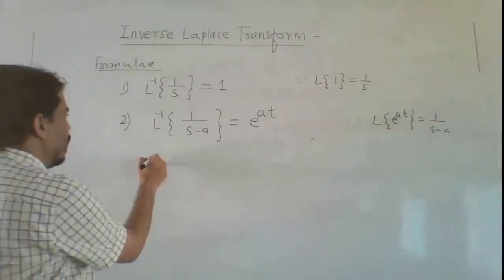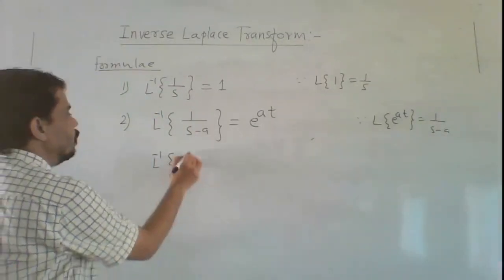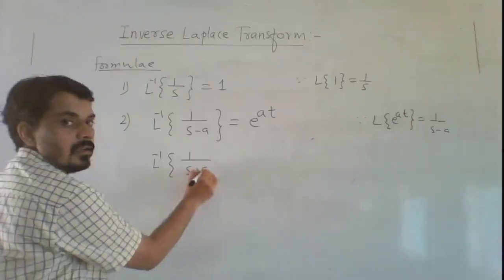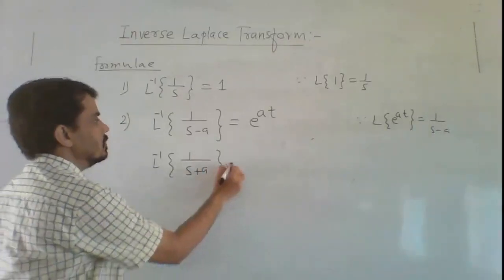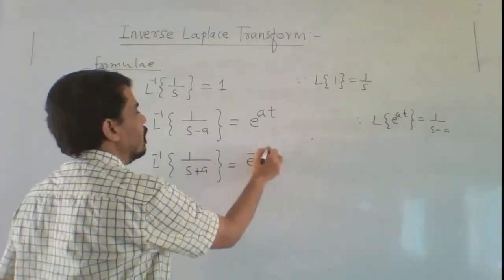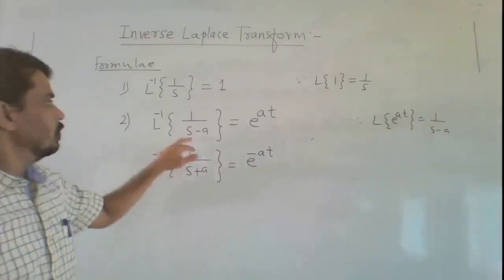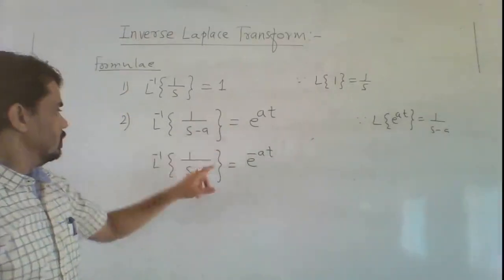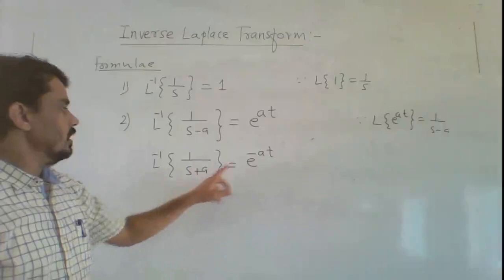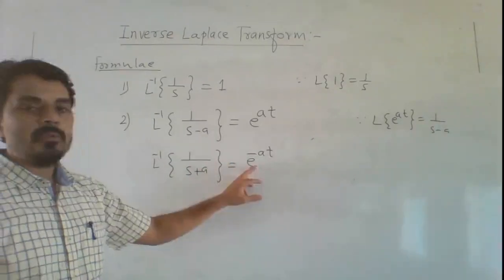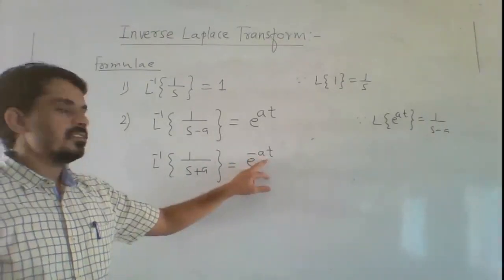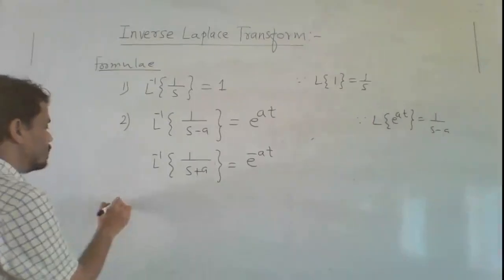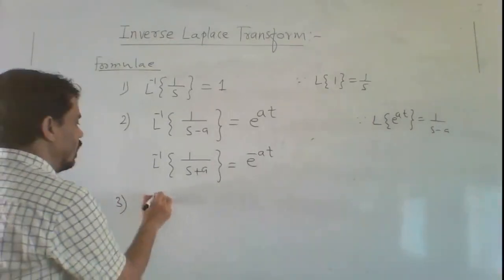Similarly, L inverse of 1 upon s plus a is equal to e raised to the power minus at. So if there is 1 upon s plus a, then its inverse Laplace transform is e raised to the power minus at.